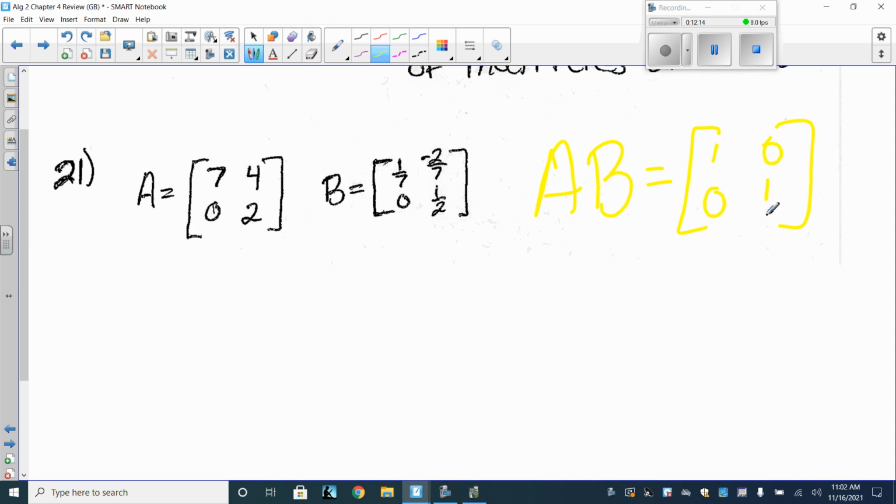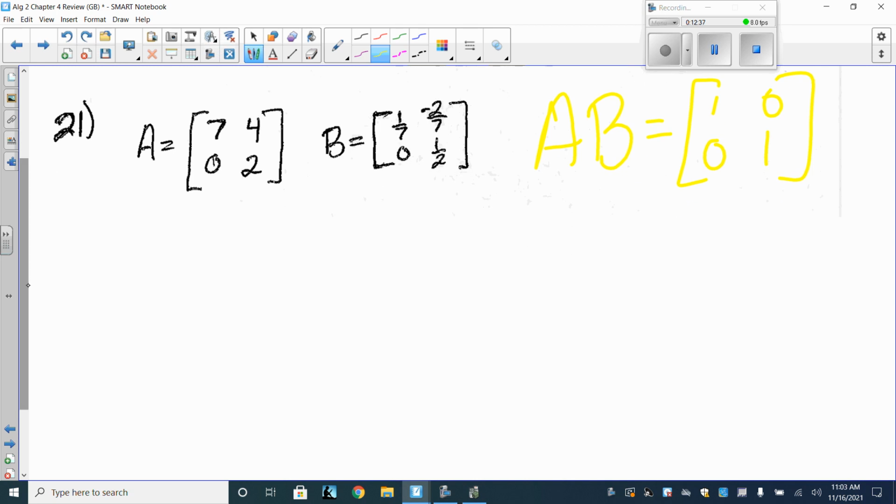One, zero, zero, one. And what did we call this matrix? The identity. Because if two matrices multiply together and give me the identity, then they are inverses of each other, yes? So what do we need to do? We need to multiply the two matrices together. Exactly. We can plug them in the calculator, because multiplication we can still do in the calculator.